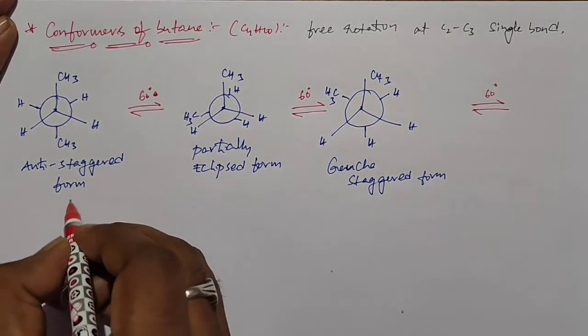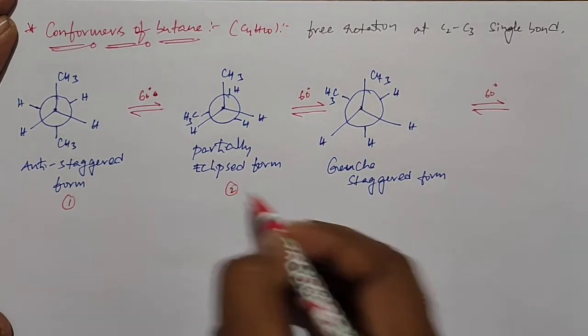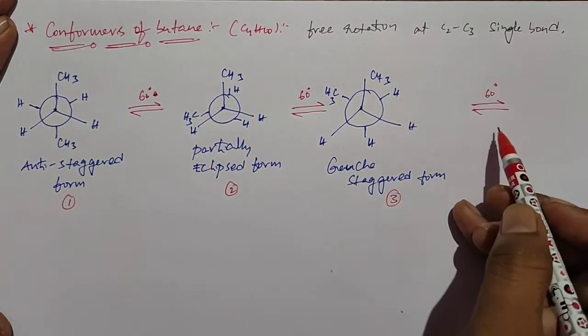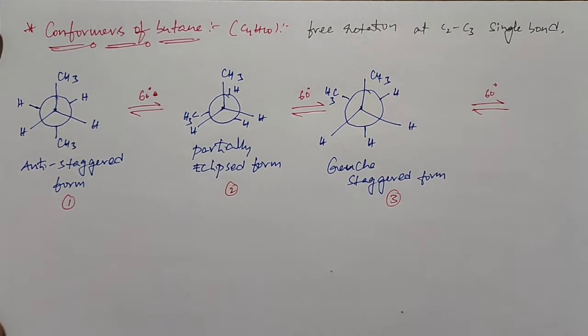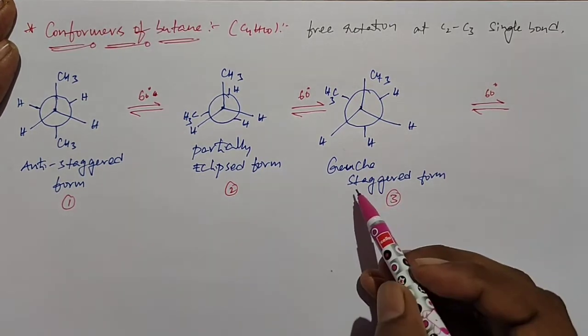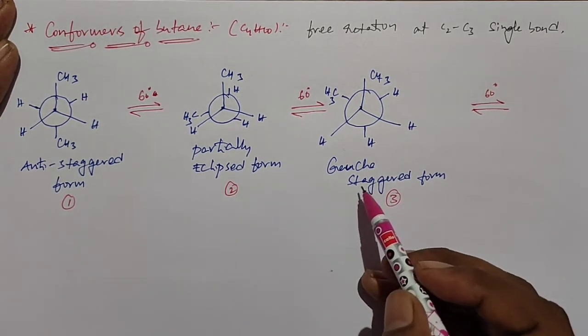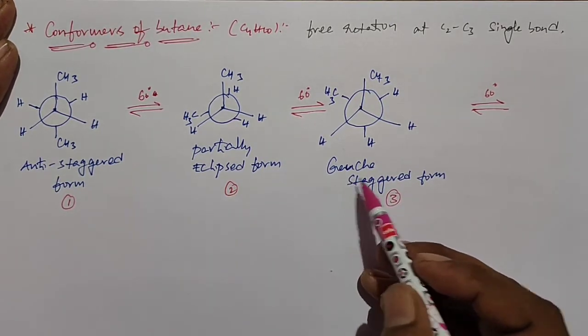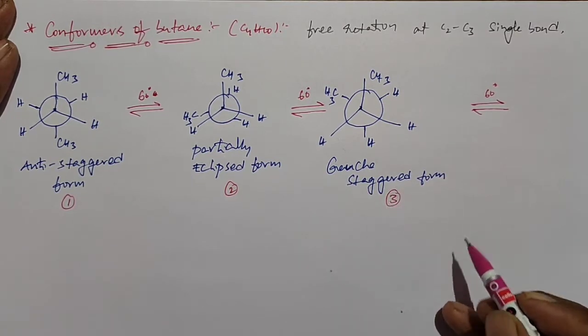this is the first form, second form, third form. After rotation of 60 degrees of the carbon-carbon single bond, we get the fourth structure, that is the eclipsed form. So I write the fourth structure here. After rotation of 60 degrees of the carbon-carbon bond, the form changes from Gaussian staggered to eclipsed.